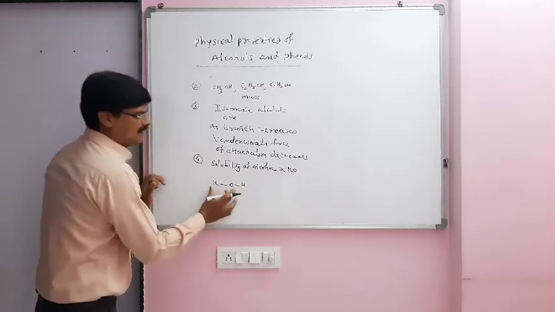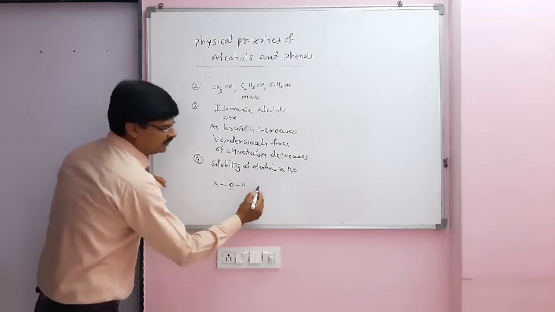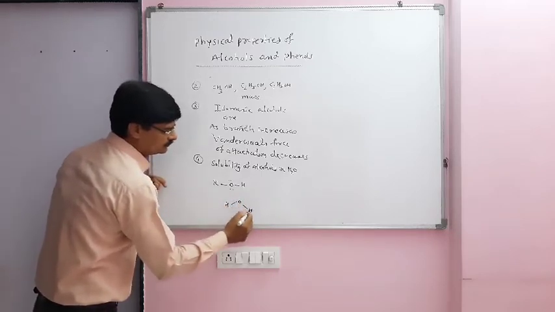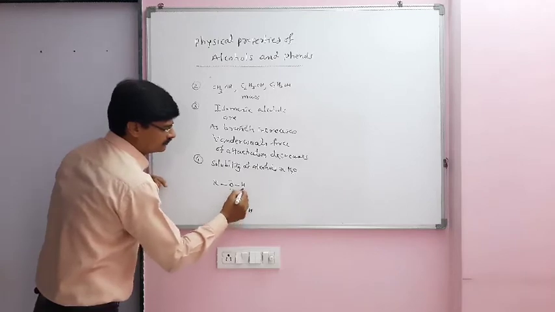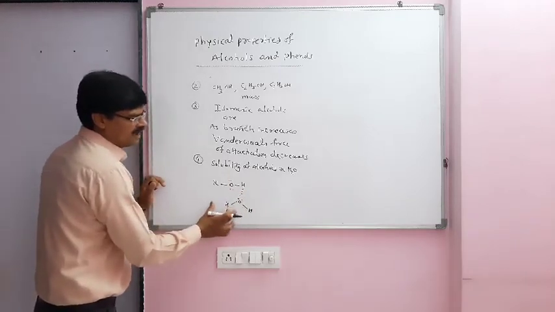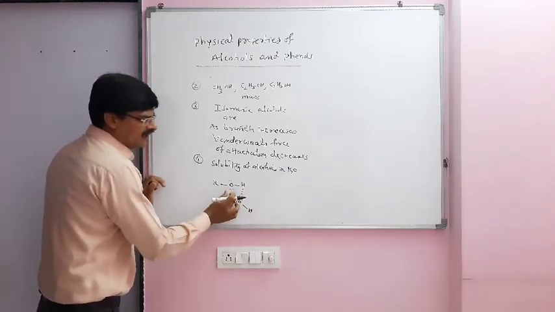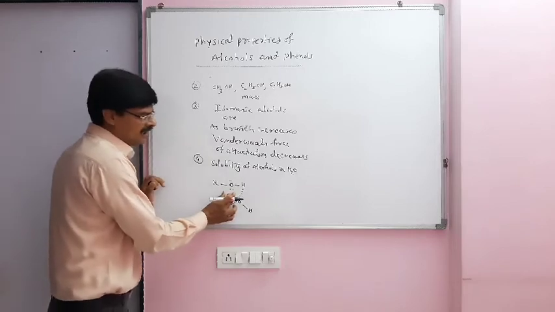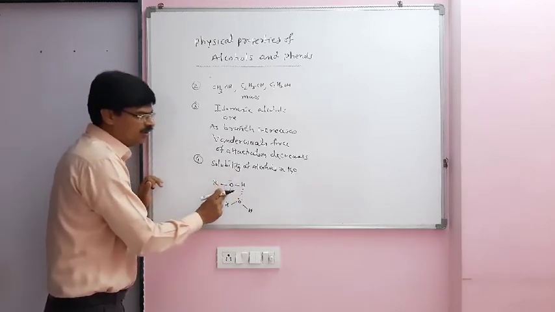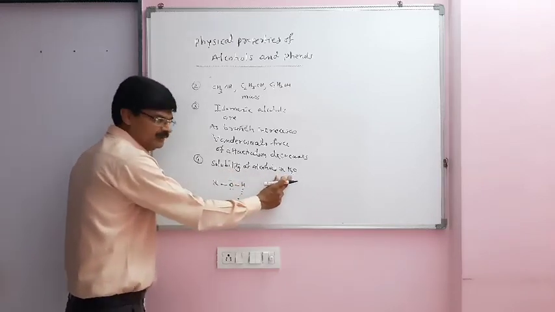Consider this is alcohol, and now from H2O, this way H bonding is possible between alcohol molecule and water molecule. This side also a water molecule can be attached and this side also, and because of this, solubility of alcohols in water is possible.